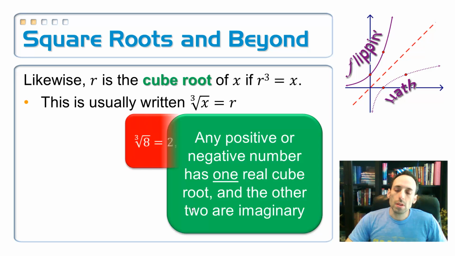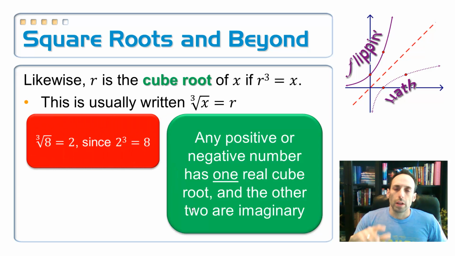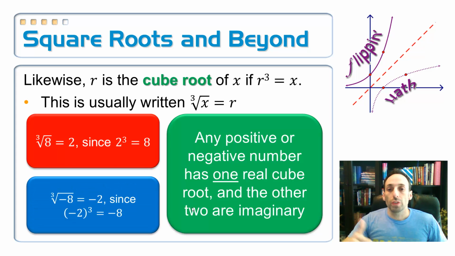Anyway, whenever you evaluate a cube root, the sign stays the same. For example, the cube root of 8 is equal to 2 because 2 to the third power is equal to 8. If it was the cube root of negative 8, that's equal to negative 2 because negative 2 raised to the third power is negative 8. There's no plus or minus on this one. You keep the same sign of the radicand.